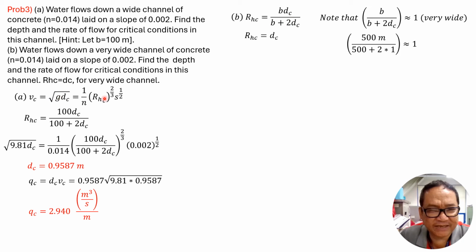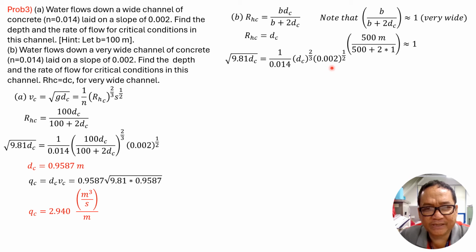Using this same equation here, we will just replace hydraulic radius critical by critical depth. Then solving for critical depth: square root of 9.81 times 0.014, divided by square root of 0.002, then the answer raised to 6, because the net exponent of d sub c after we cancel the exponent is d sub c to the 1/6.